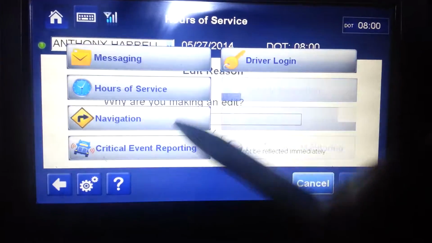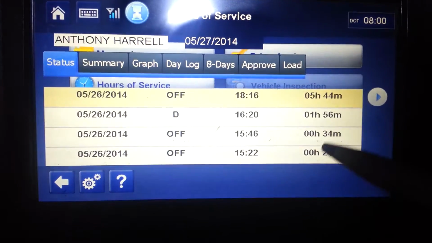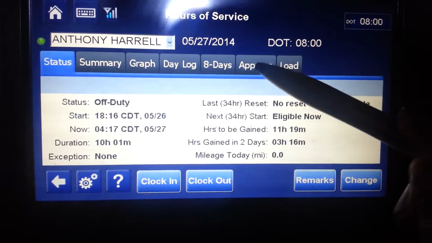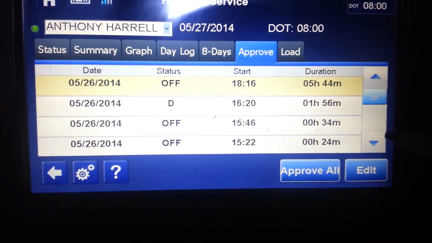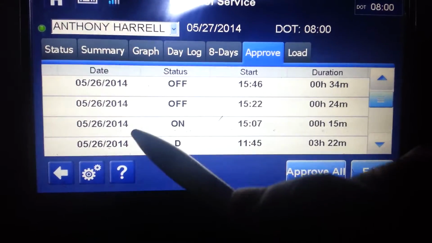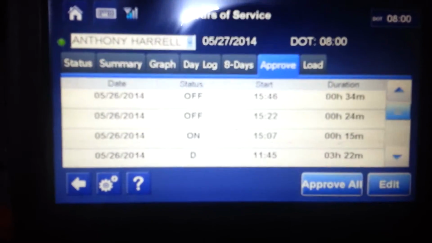And then we can go back. You have 8 hours and 0 minutes of remaining drive time. And remember, see? And there you go. 15 minutes. And that's how you edit your time.